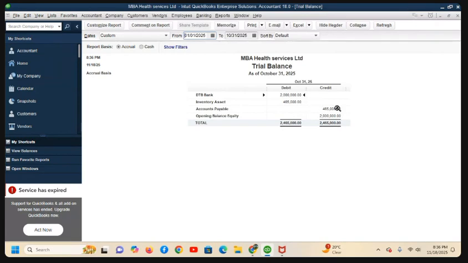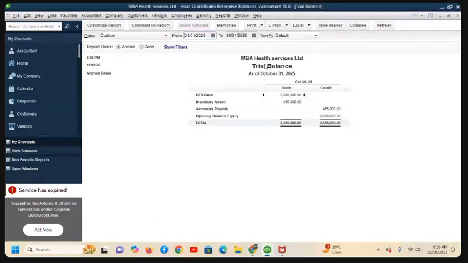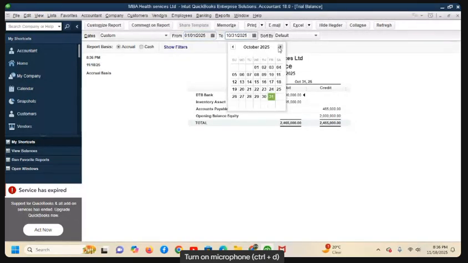Do you know how it has come about? This accounts payable has come about as a result of receiving the goods. Let me first go up to 31st December so that everything can be there.